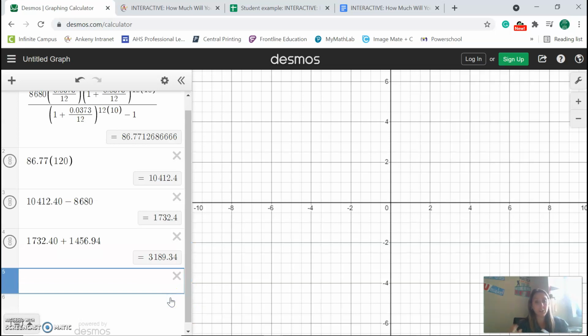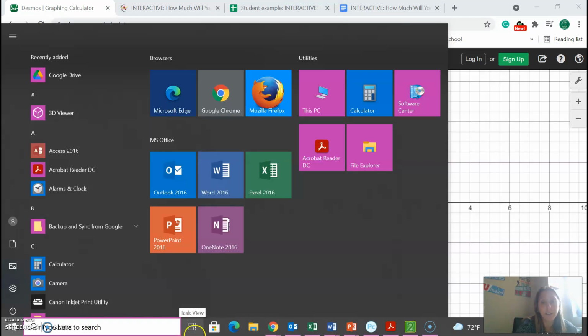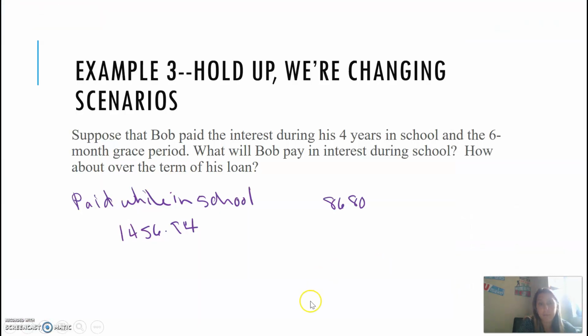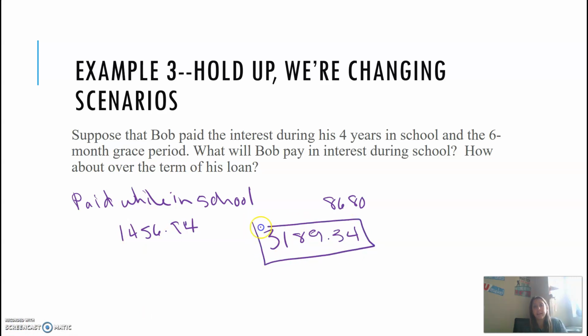So I'm going to make sure I write that here. Let's see. So total interest was that. Oh, now I already forgot what it was. So this is the total interest paid.